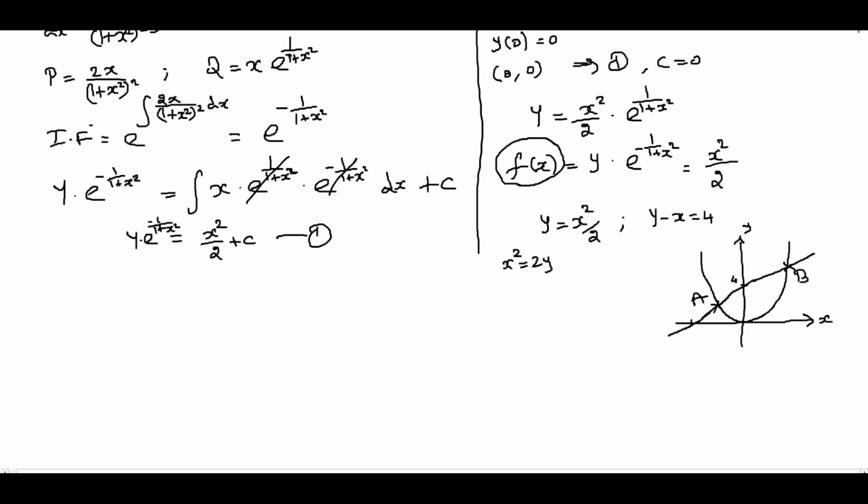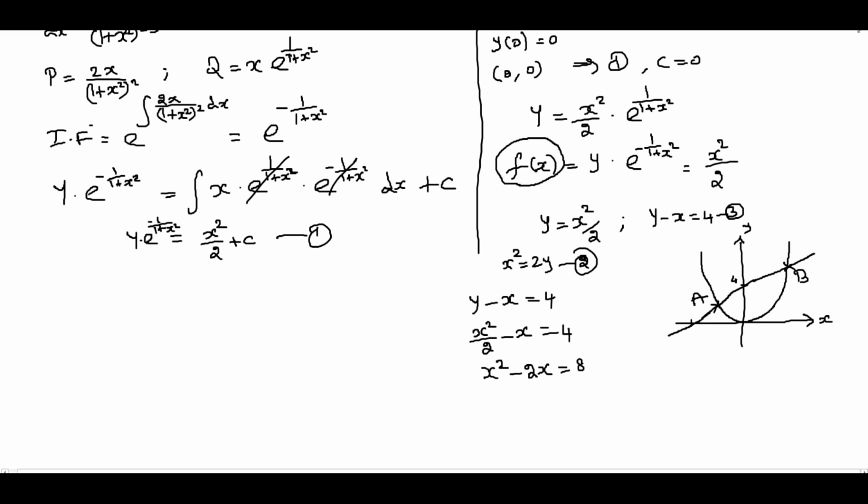So x square equal to 2y, take it as equation 2, and this line as equation 3. So y minus x equal to 4, so x square by 2 minus x equal to 4, x square minus 2x equal to 8.